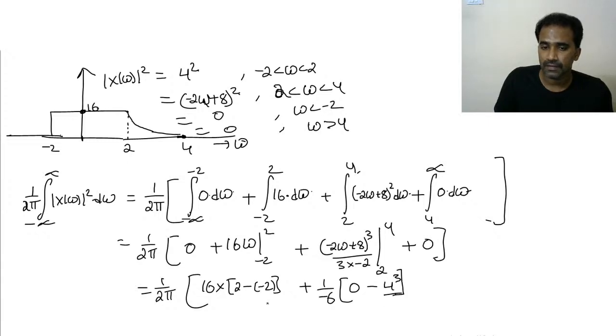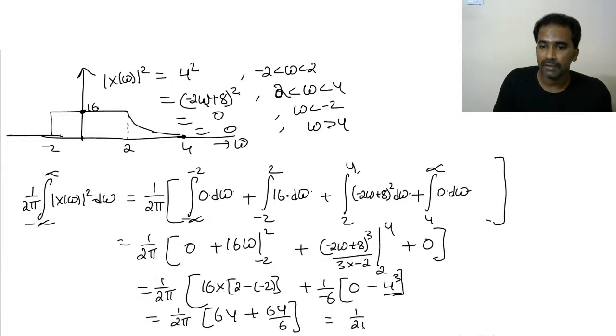Yes, that's it. So which is equal to 1 by 2 pi into 16 into (2 minus of minus 2) is 4, 16 4s are 64, and this minus and minus becomes plus, 4 cube is 64 divided by 6.